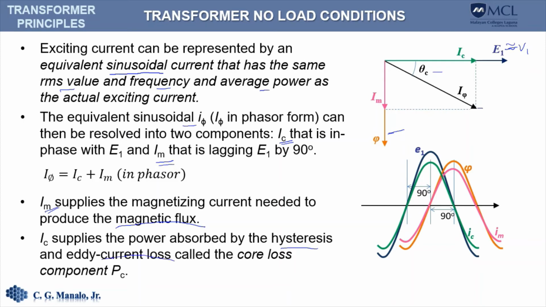So we call this the core loss or P sub C. Thus, we can compute P sub C as the applied voltage times the exciting current times the cosine of the angle between the applied voltage and the exciting current. And that is only applicable for single phase transformers.